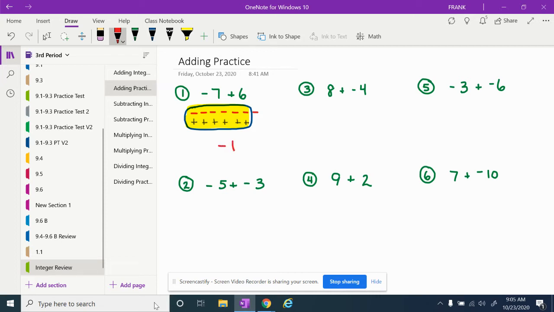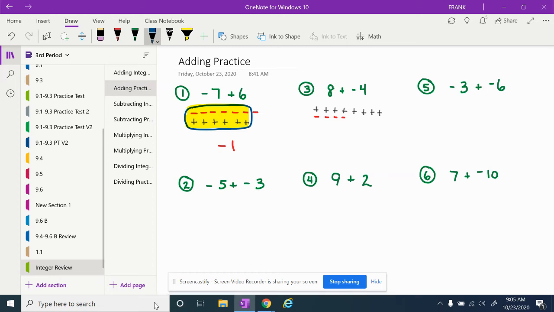Okay? One more. I've got 8 plus -4. So I have 8 positives. So I'll go 1, 2, 3, 4, 5, 6, 7, 8. And then I'm going to add to it 4 negatives. So I have 1, 2, 3, 4.